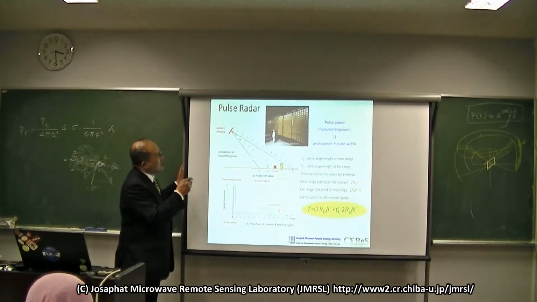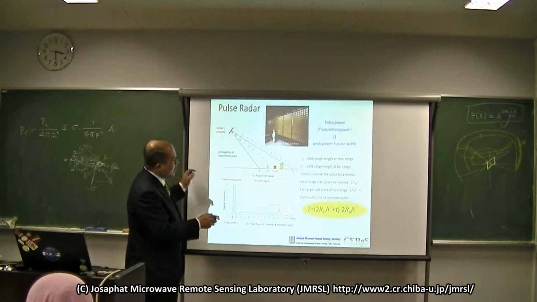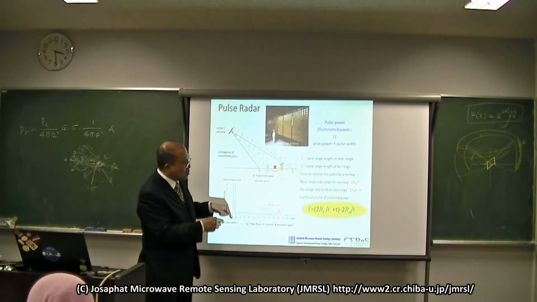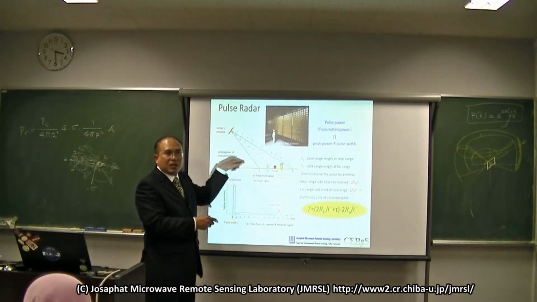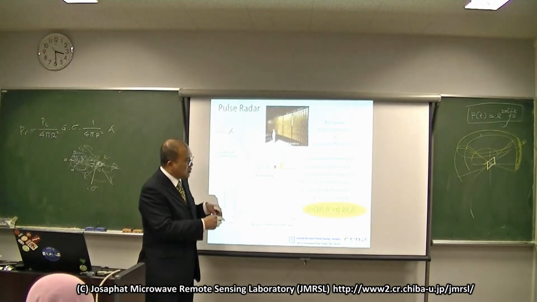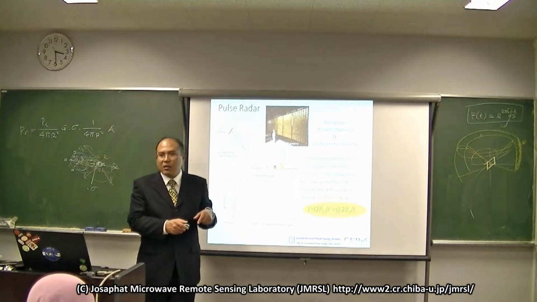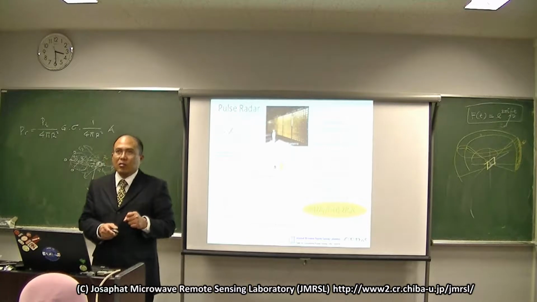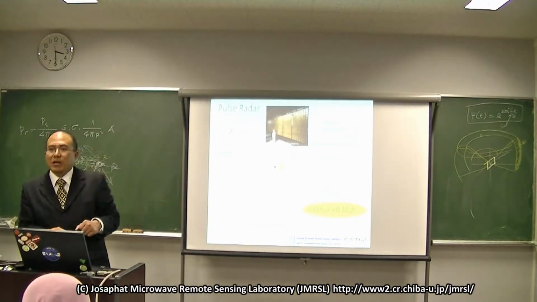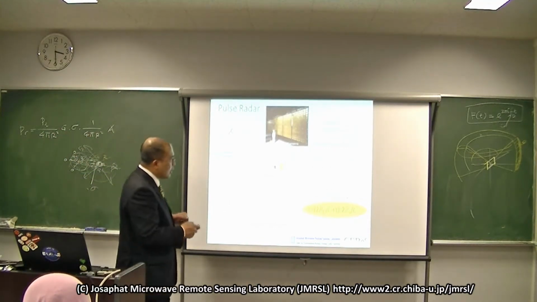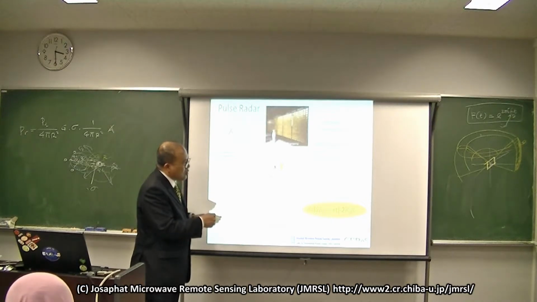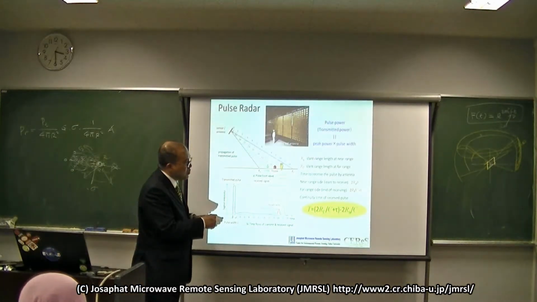Okay, to observe this area, we need time to transmit and receive. If this one is Rn, this is 2Rn, because transmit and receive is double, divided by the wave velocity, 3 times 10 to the power of 8. And the far field is 2Rf divided by C, plus tau.